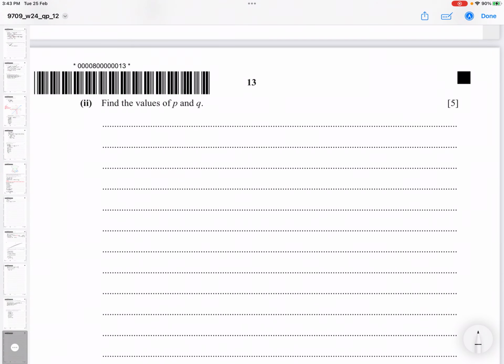Find the values of P and Q. Okay, from part A, if I write (x plus p over 2) whole squared plus (y plus 1) whole squared is equal to p squared over 4 plus 1 minus q, the coordinates of the center of the circle are (minus p over 2, minus 1).